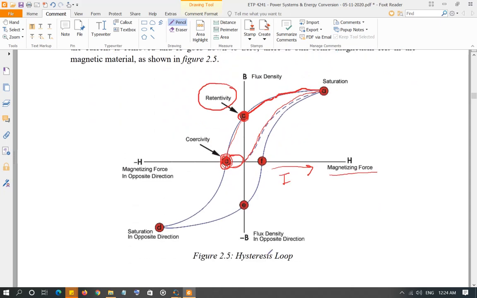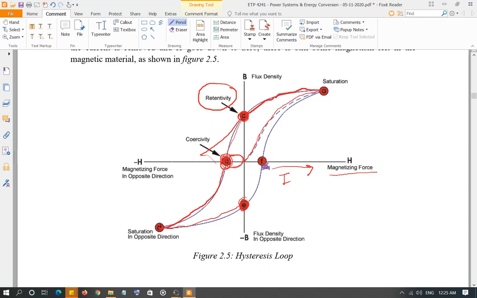And as you keep going, of course, the magnetism is going to happen in the opposite direction. It's going to go along this direction, and it's going to saturate in the opposite direction. All the dipoles are in the opposite direction, and again, if the current changes direction, when the magnetizing force becomes zero, again there will be some memory, some magnetic flux left, and you keep moving in the positive direction.